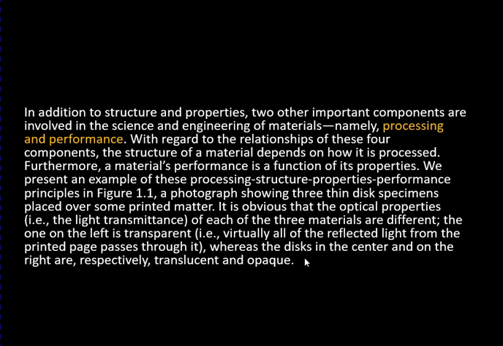So processing is actually very important. Now this is the diagram. This is the same material made with different processing techniques. One is transparent, one is translucent. Translucent simply means that light can pass through it, but you hardly see through it, while the other one is opaque, the same material.